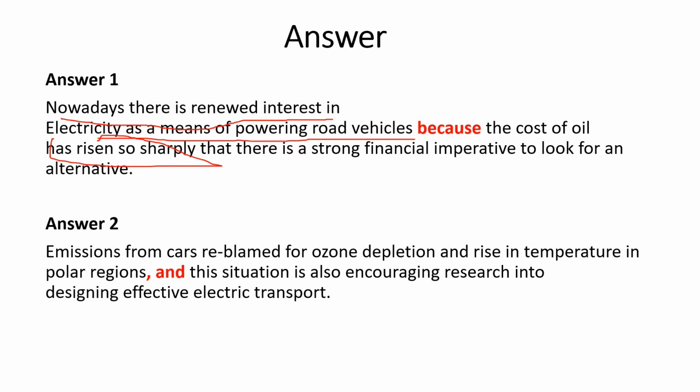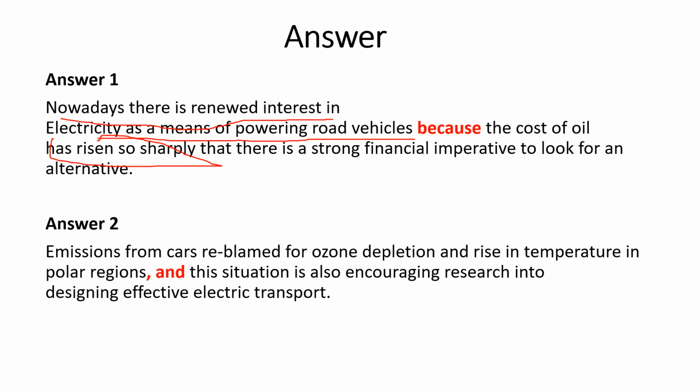So as you can see, the answer is in the next line for this problem. Because of the increase in cost of fuel, you just have to join it by using because, as I did in my sample answer, and you again understand you will get the marks for form, vocabulary, grammar, because there is no grammatical mistake in this sentence and it is covering content as well.